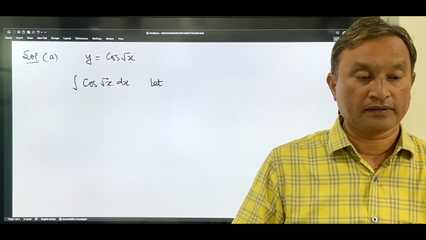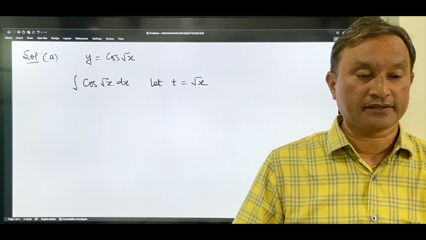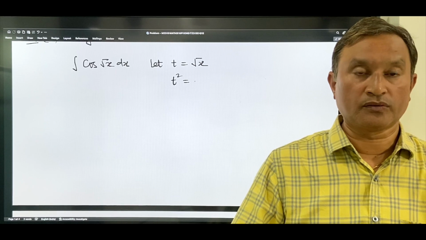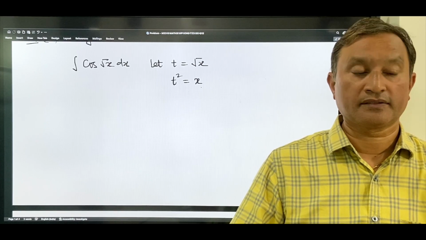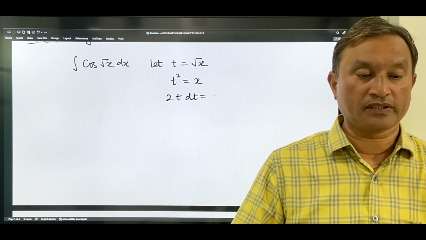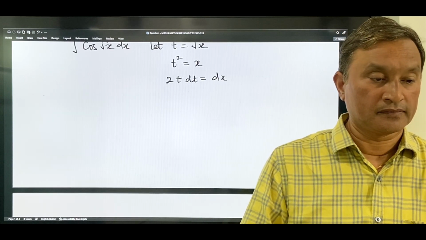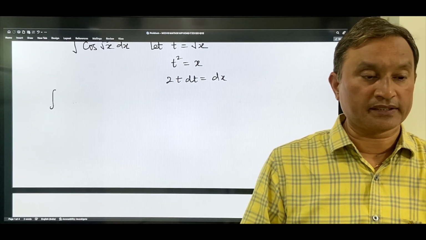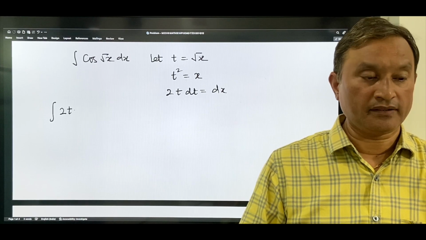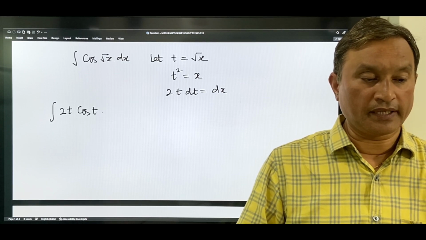Let t equals root x, t squared equals x, 2t dt equals dx. So the integration becomes the integral of 2t cos t dt.